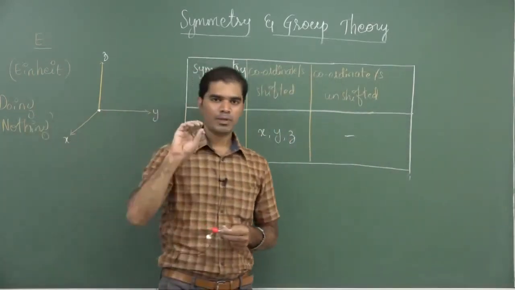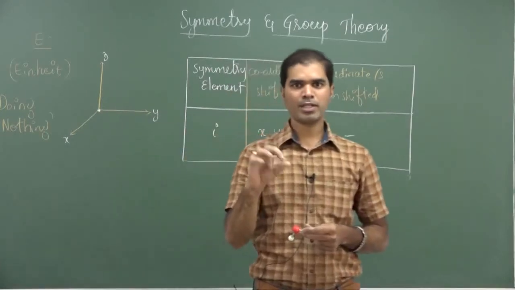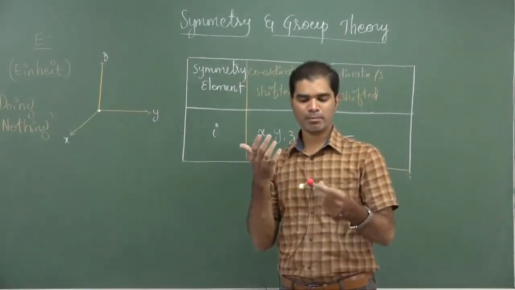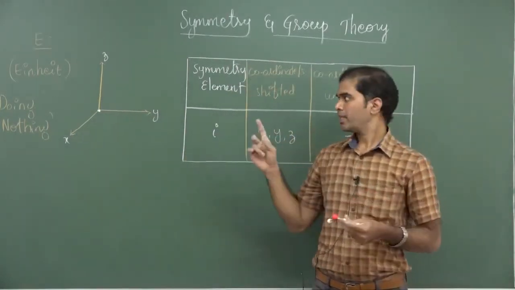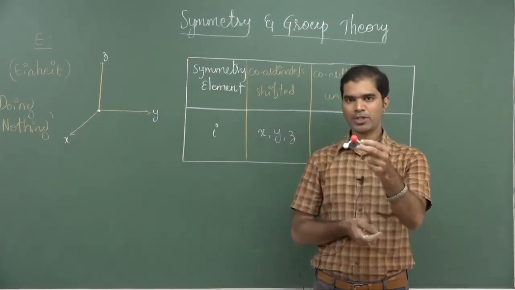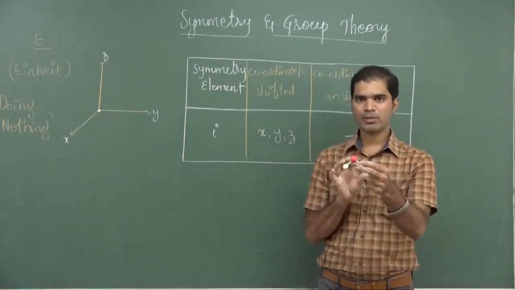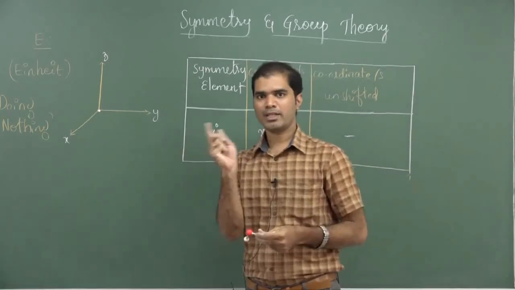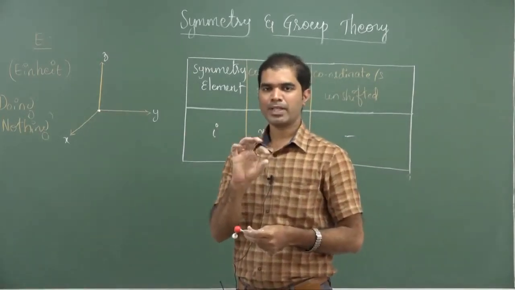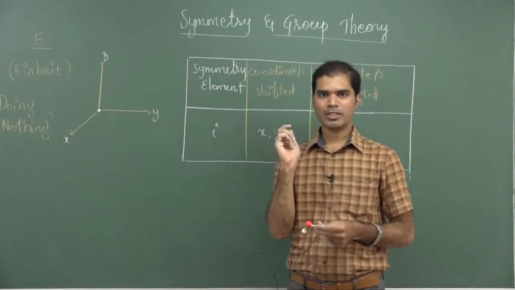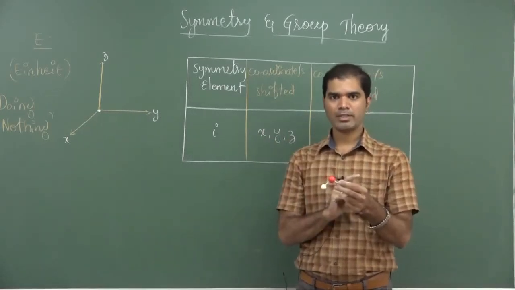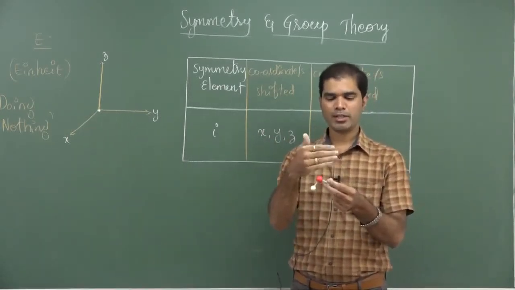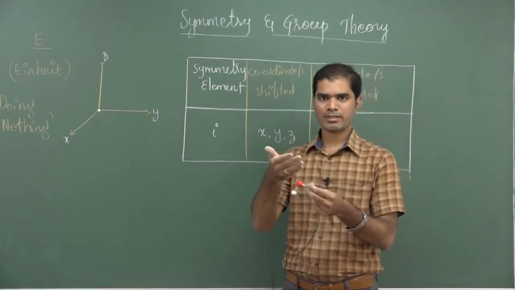Or if at all you try to perform any operation, it has to be a complete operation. What do I mean by a complete operation? If you are trying to rotate a given molecule about a particular coordinate, you have to rotate by a 360 degree angle. Then it is called a complete operation with respect to rotation. If it is a reflection, perform an even number of reflections.